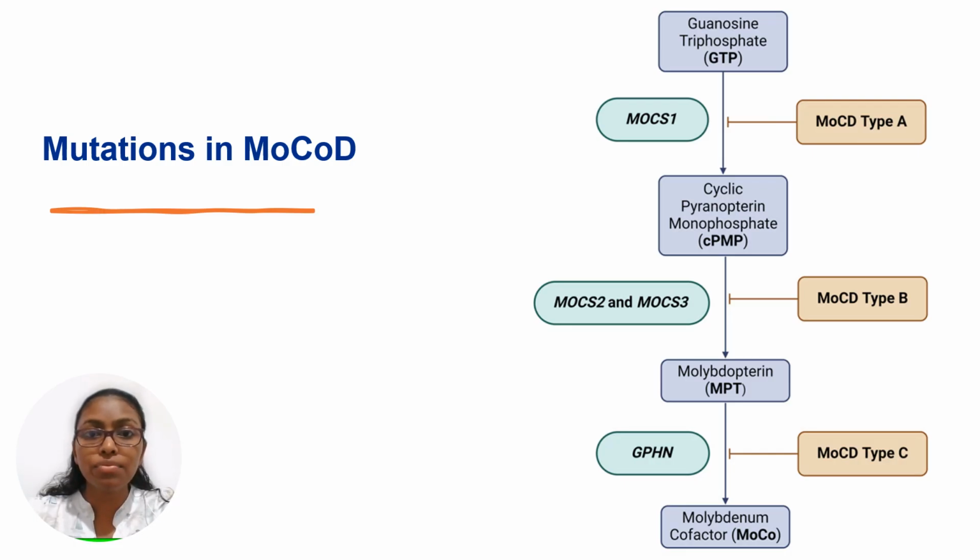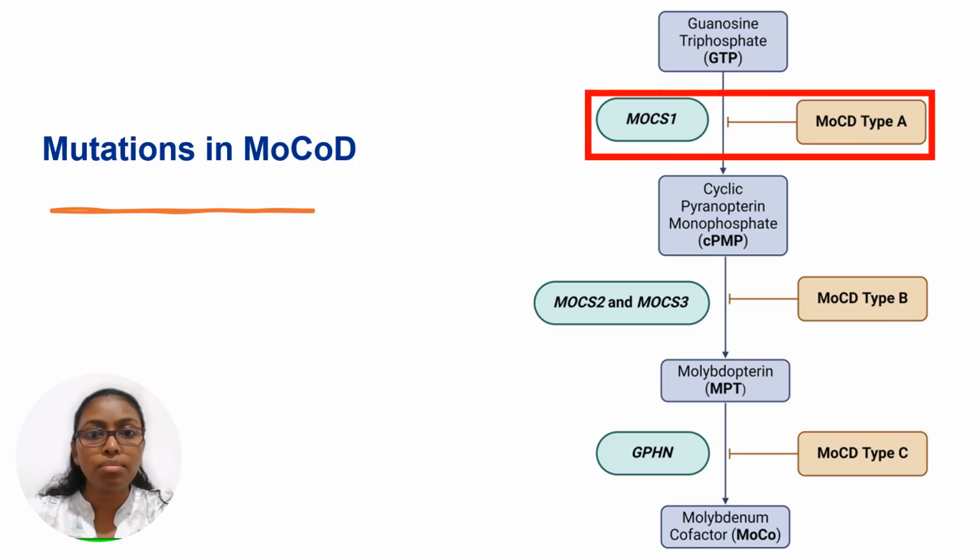MOCS1 catalyzes the first step from guanosine triphosphate to CPMP, cyclic pyranopterin monophosphate. MOCS2 and MOCS3 help convert CPMP to molybdopterin. GPHN is involved in the final step of molybdenum cofactor formation.